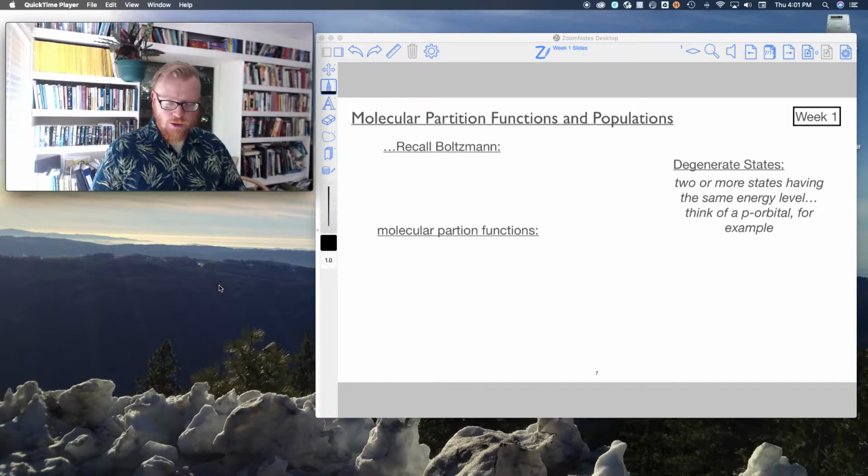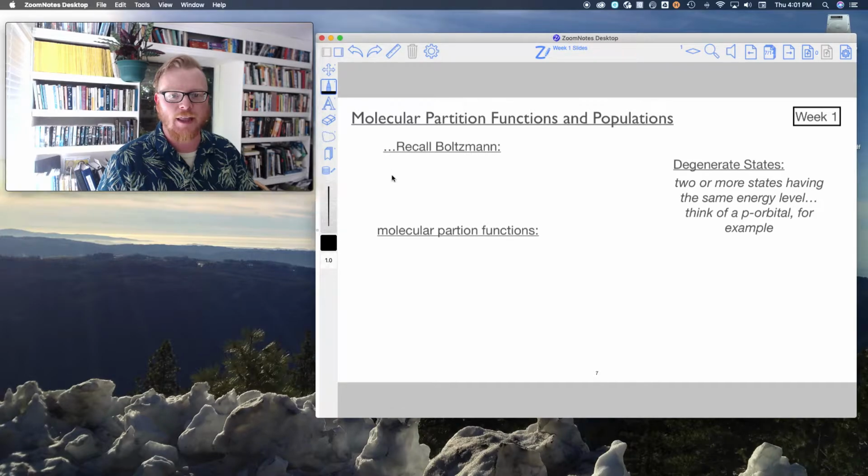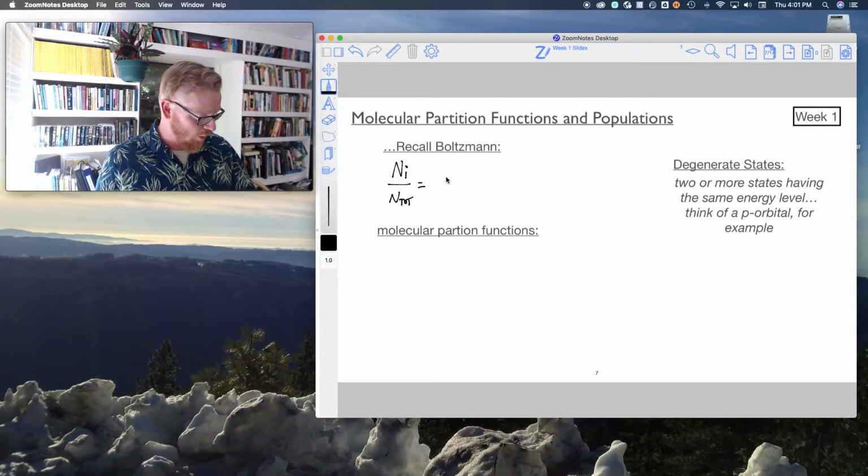So we recall the Boltzmann distribution, and I'm going to write it in a slightly different way than I did last time. So I'm going to write N sub i, the number of molecules in state i, over N total, so over the total number of molecules.